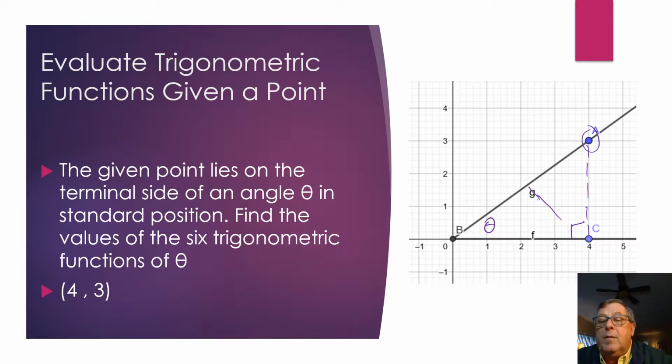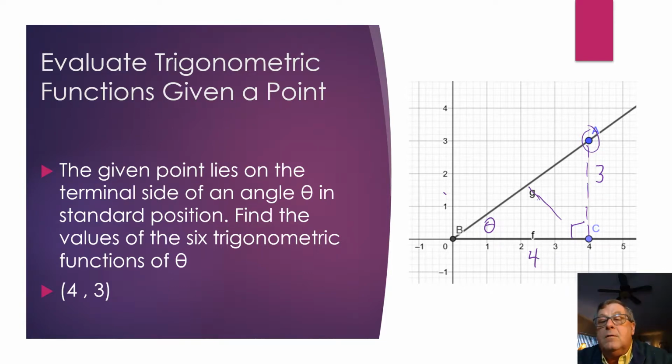Now, what do we know about the legs of this triangle? Well, down here at the bottom, this is 4 units down the x-axis, and this is 3 units up the y-axis, (4, 3). Now, what we don't know is the measure of this hypotenuse.